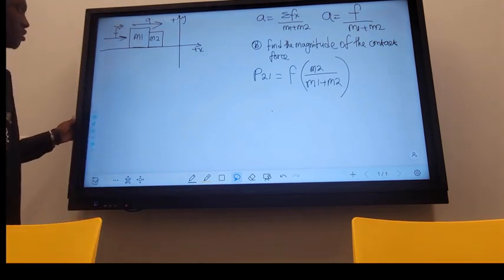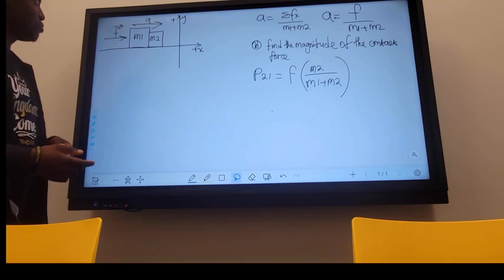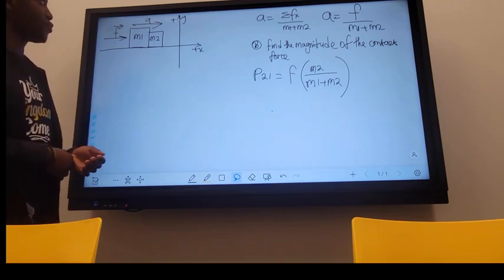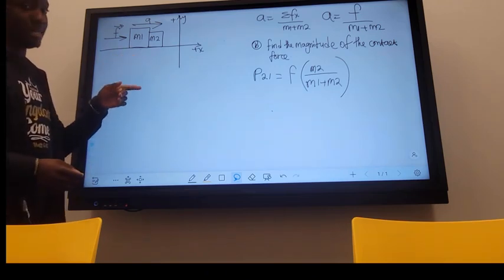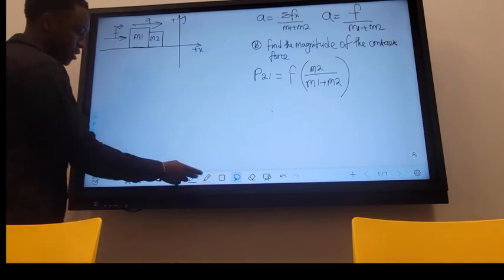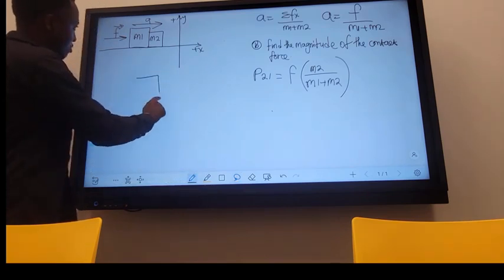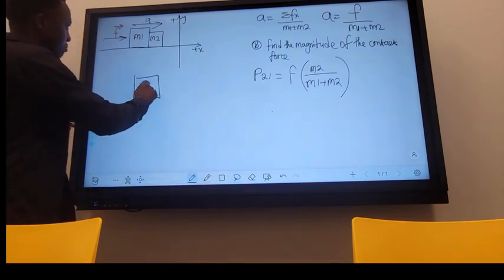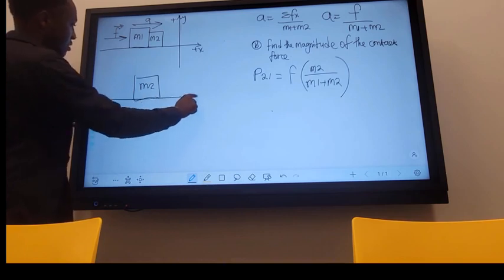Okay. So to discover whether that is true, we're going to work with M2 and see if it gives us the same contact force. So writing M2 individually, we're going to have M2 on a surface.